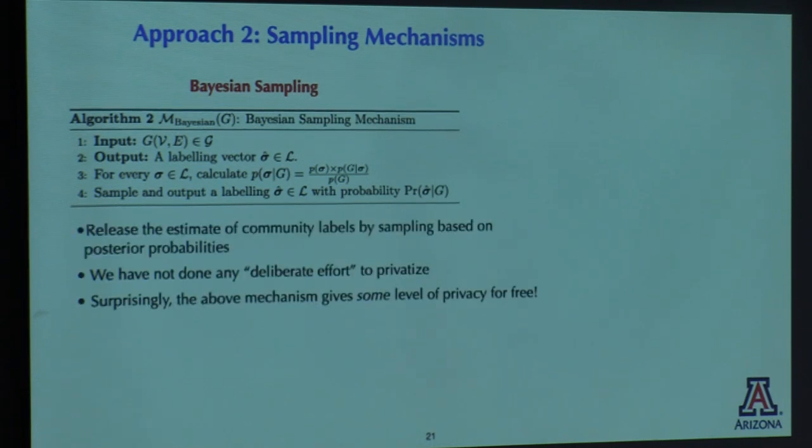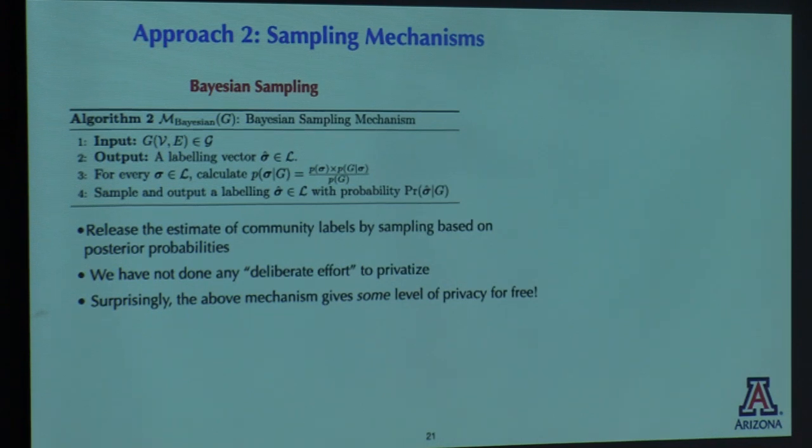So in some sense, what is this mechanism? This is a very simple mechanism. Just compute the posterior probabilities of the labels and then sample the label vector from these probabilities. We have done nothing as far as privatizing. We have not really added any noise. But surprisingly, this mechanism gives some level of privacy for free. If epsilon is large enough, then this mechanism will still satisfy epsilon-privacy.